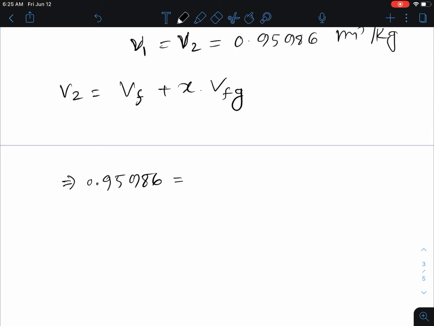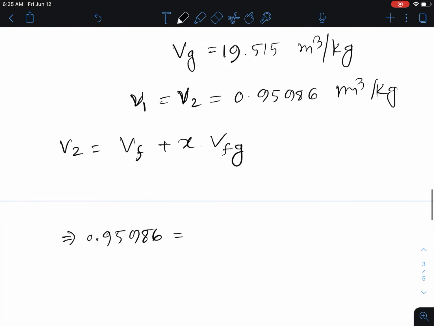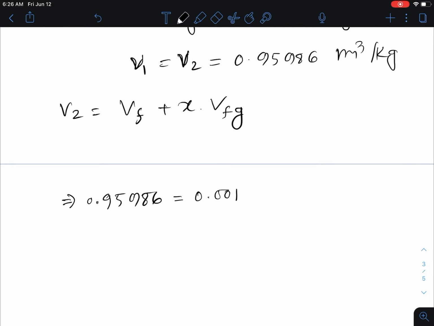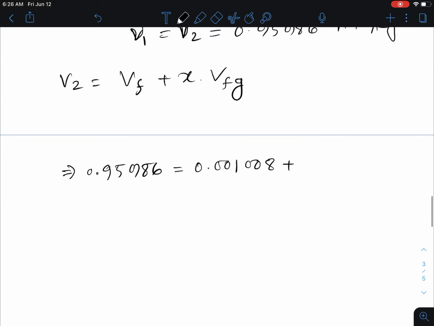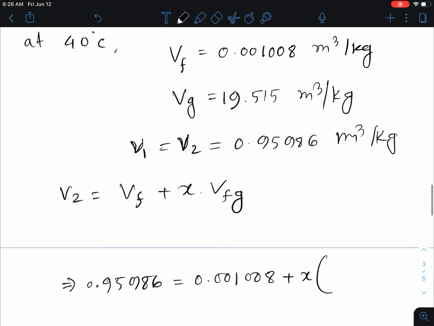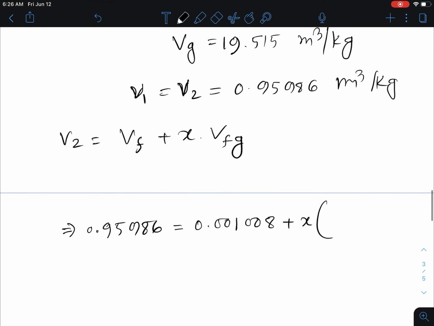0.95986 equals... we got the vf equals to 0.001008, right? And then v plus x times vfg, vfg is nothing but 19.515 minus 0.001008.